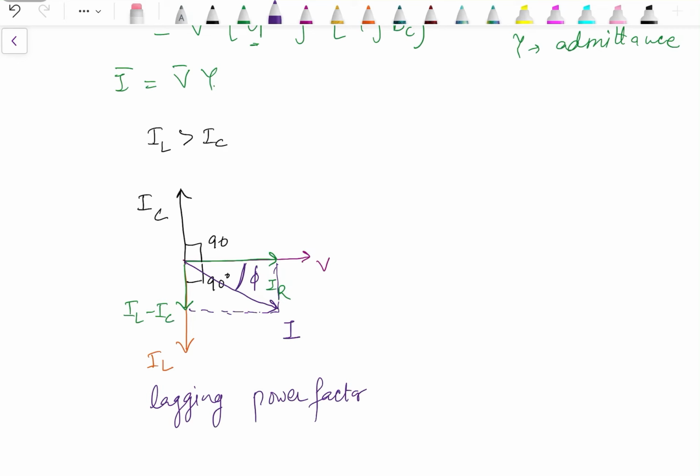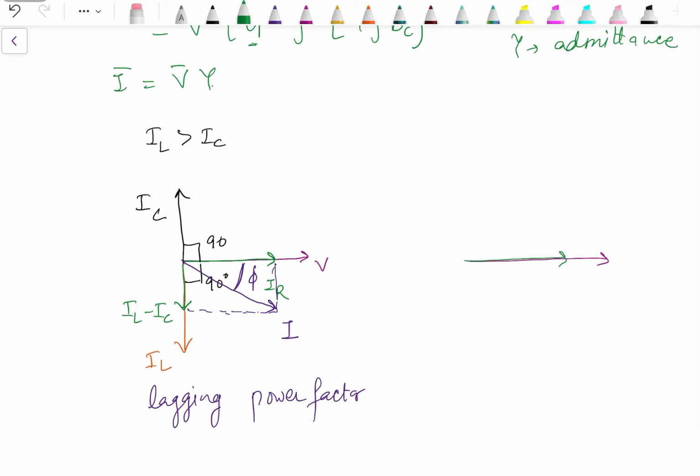Similarly, we can have the case when current IC is more than IL. IR will remain in the same phase. IC leads the voltage by 90 degrees. IL lags behind the voltage by 90 degrees.